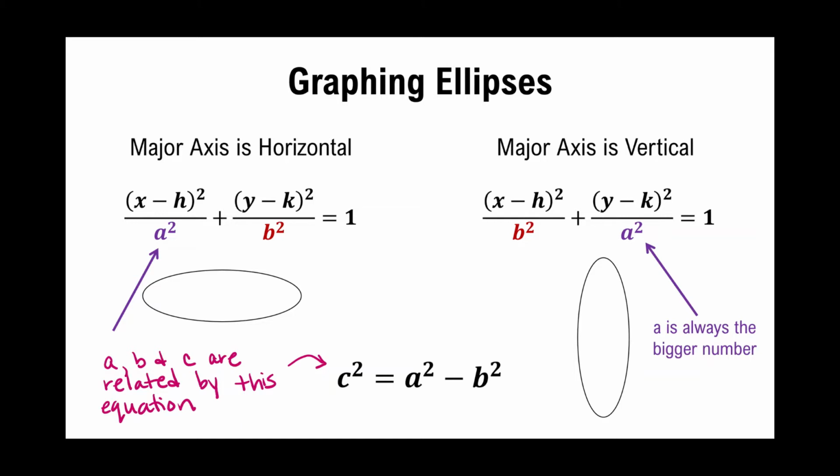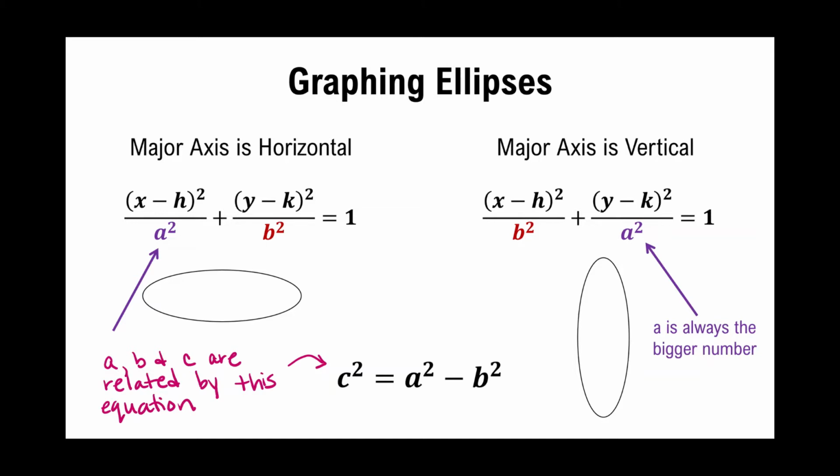I've heard it called that, but it's obviously not. So C squared equals A squared minus B squared, not A squared plus B squared. So we'll use this equation when we need to find different information so that we can either write an equation for the ellipse or graph the ellipse.